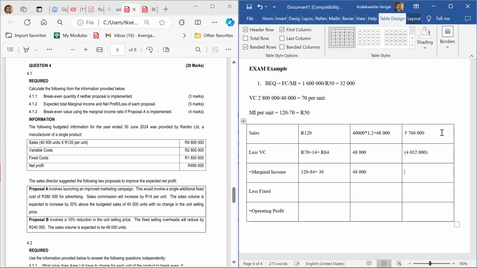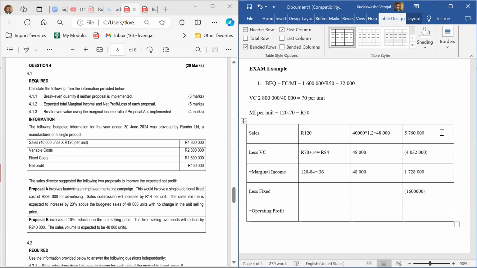And then 36 multiplied by 48,000 gives you 1,078,000. And then our fixed cost, they're going to change with 1.6 before.